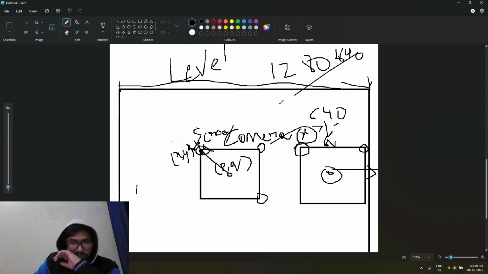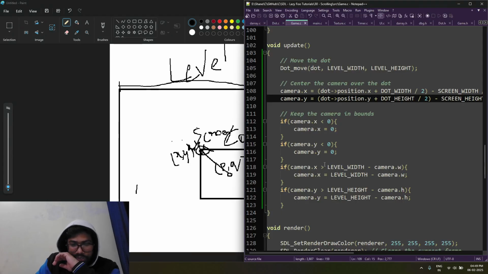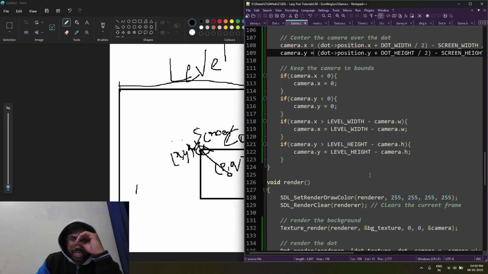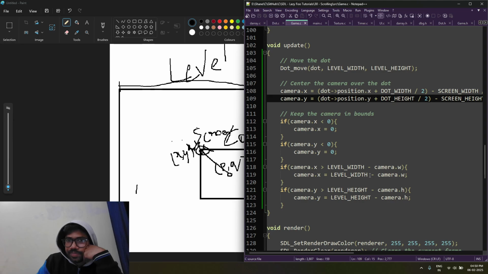So when x is greater than 640, then what do we do? We push it back. Center the camera over the dot. Center it.